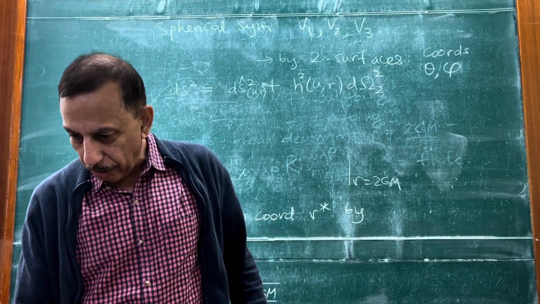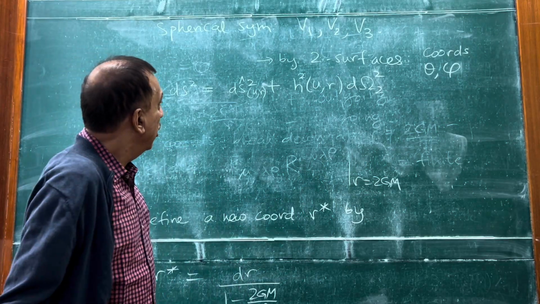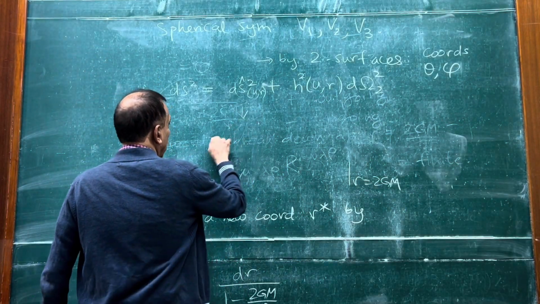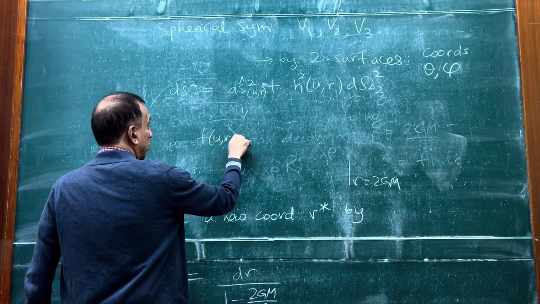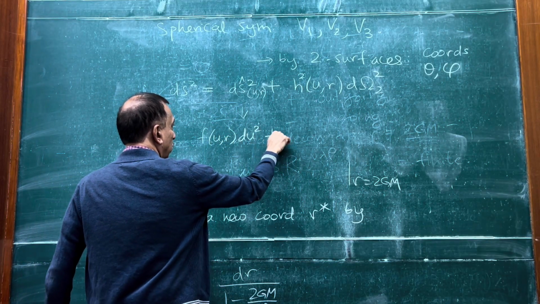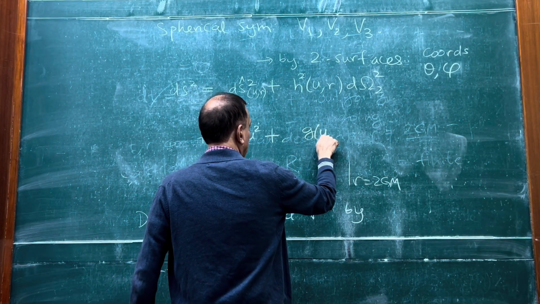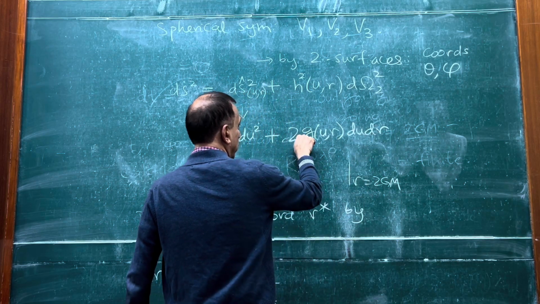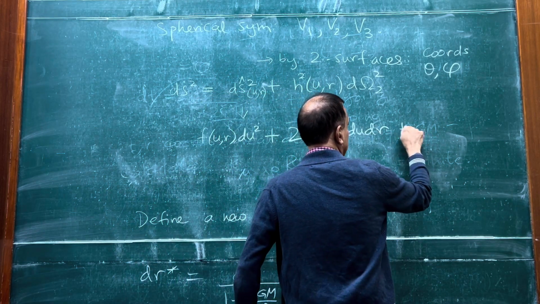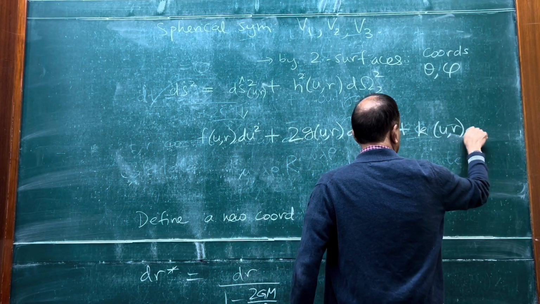Okay. Now the next step is a rather important one. This in general will be of the form f(u, r) du squared plus, let's say, g(u, r) du dr, I'm putting a 2 here, plus let's say k(u, r) dr squared.